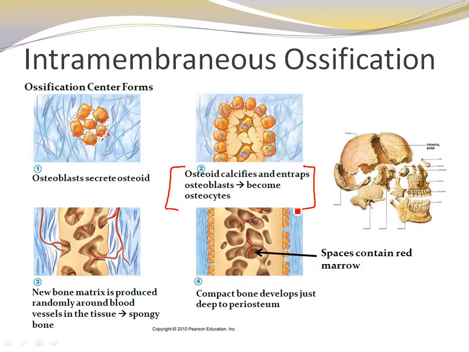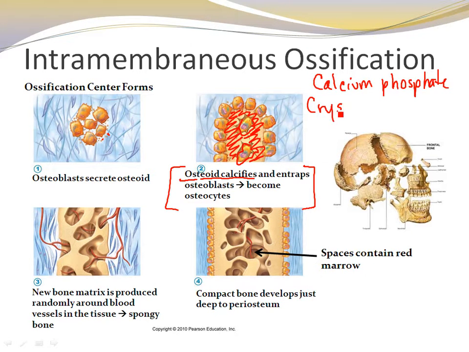Then you move over here to part 2, and notice some of those original osteoblasts have completely surrounded themselves in bone matrix. What they've done is they have calcified the osteoid, so they have deposited the calcium phosphate crystals. Okay.